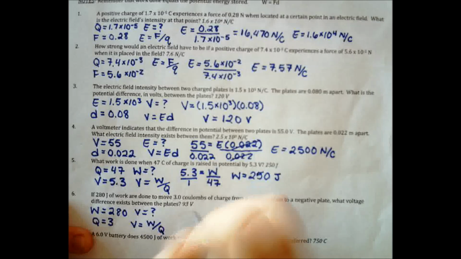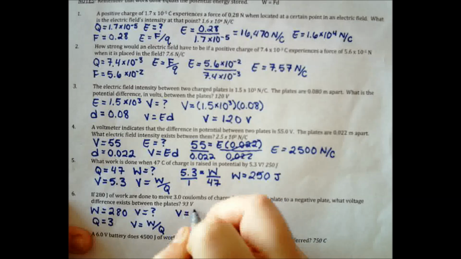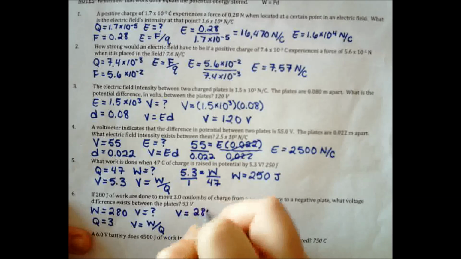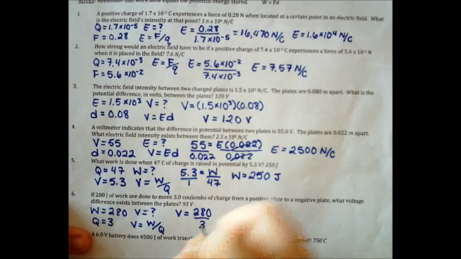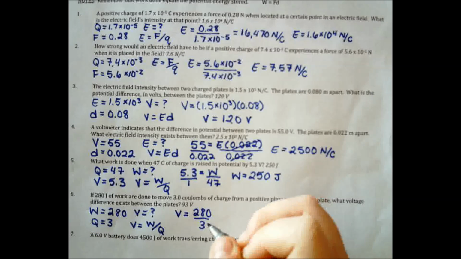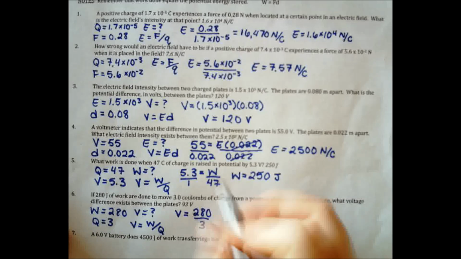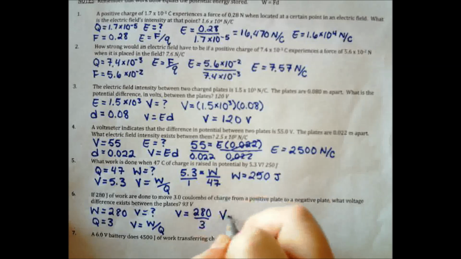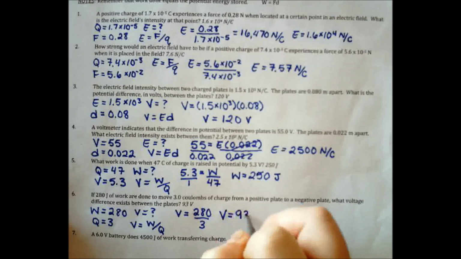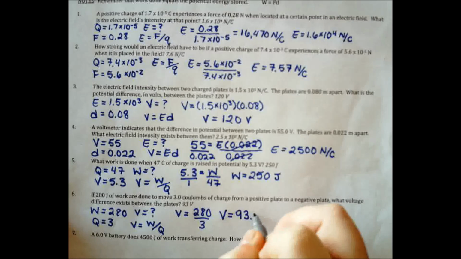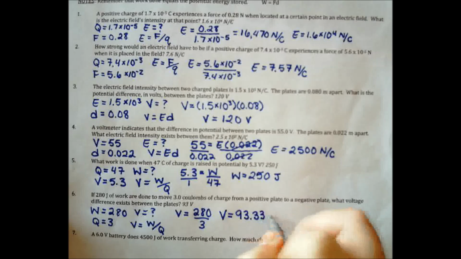So we just do 280 divided by 3. I'm sure if I was a better mathematician, I would be able to do that in my head, but I'm not a mathematician. So we get 93.33 volts.